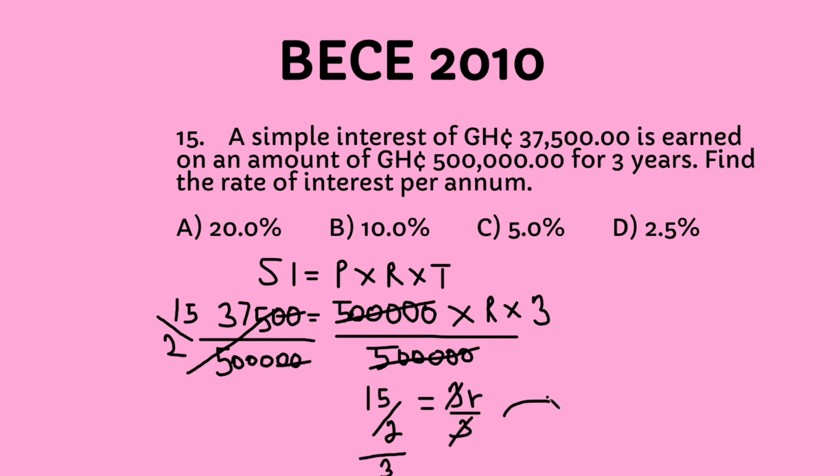And then what? With the 15 out of 2, also divided by 3, we're going to make it 15 out of 2 times 1 out of 3. We do our cancellations and our multiplication. 3 will go into 15 5 times. We have 5 divided by 2, making our final answer equal to 2.5, which is 2.5%, option D.